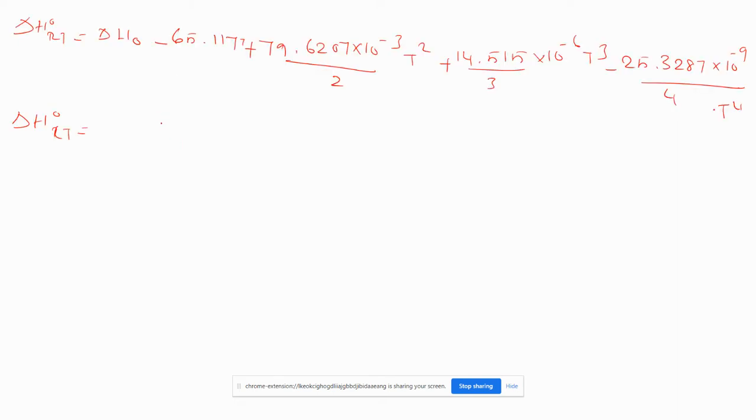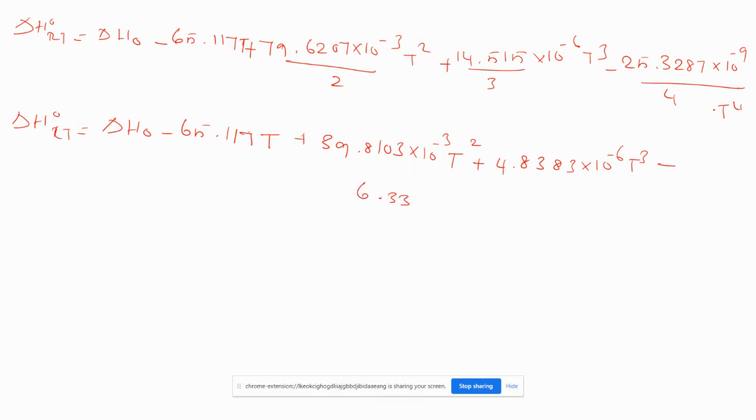Okay, so you will be getting del H0 minus 65.117 T, plus, when you are dividing this, you will get 39.8103 into 10 power minus 3 T square, okay, plus 4.8383 into 10 power minus 6 T cube minus 6.3321 into 10 power minus 9 T power 4.